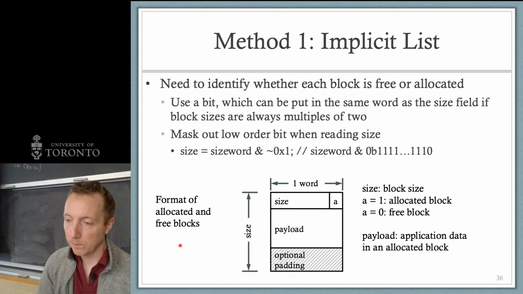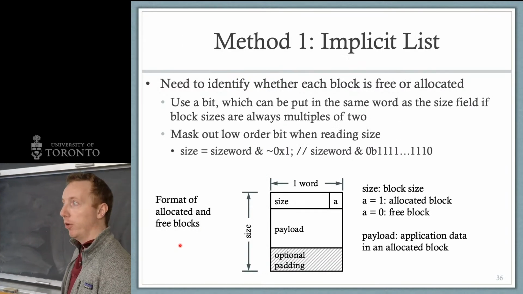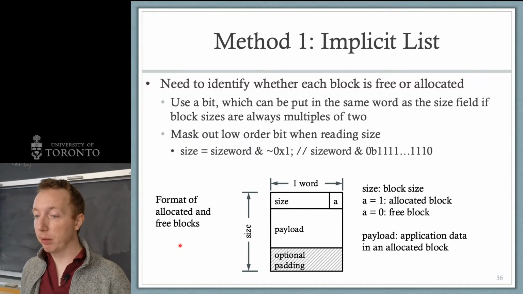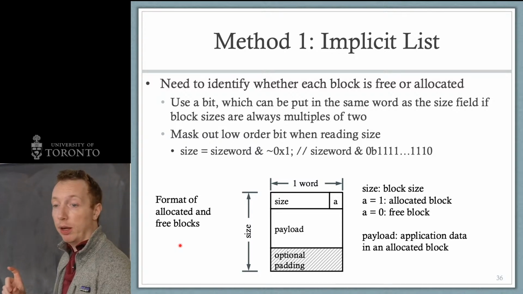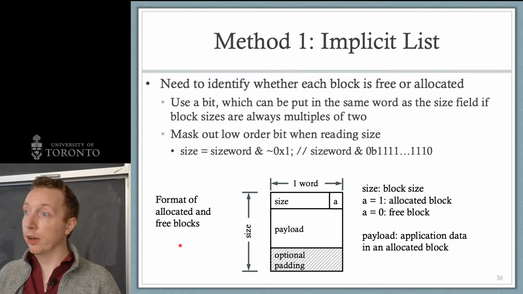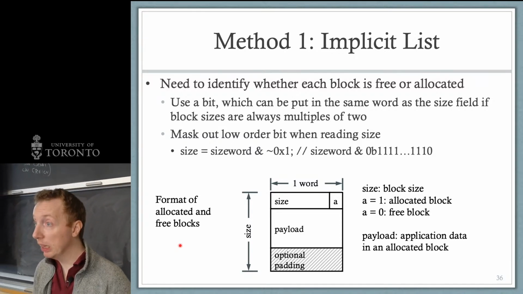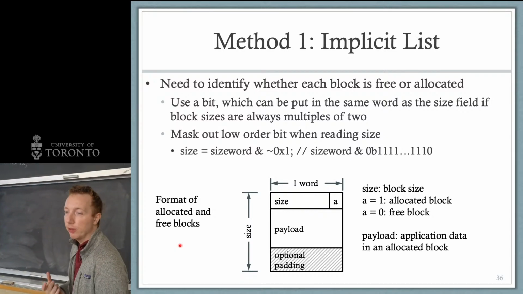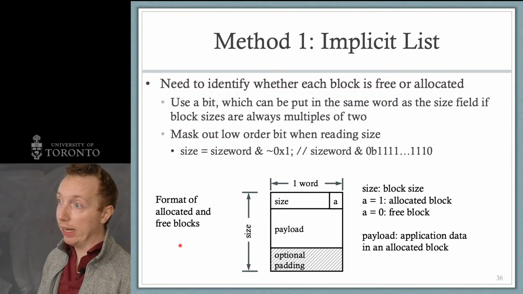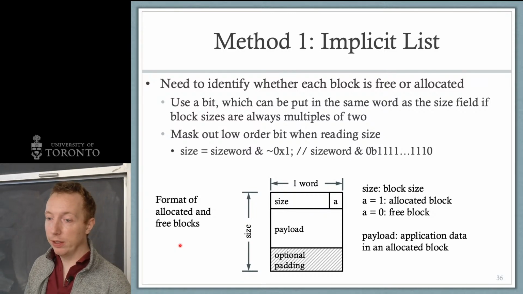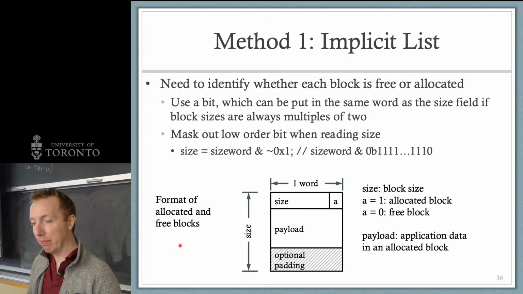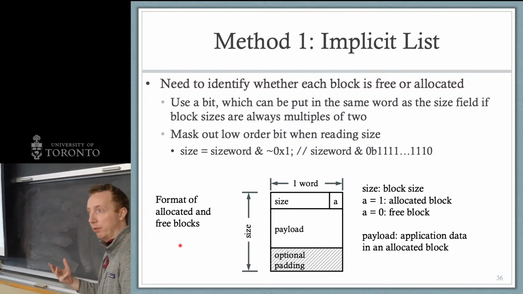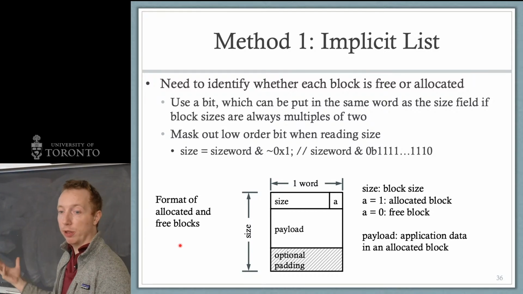So first method is the implicit list. So we need to keep track of whether or not a block is free or allocated. I can be a little bit clever about this and use a single bit that is part of that size field, because I know that the size will always be a multiple of 2.